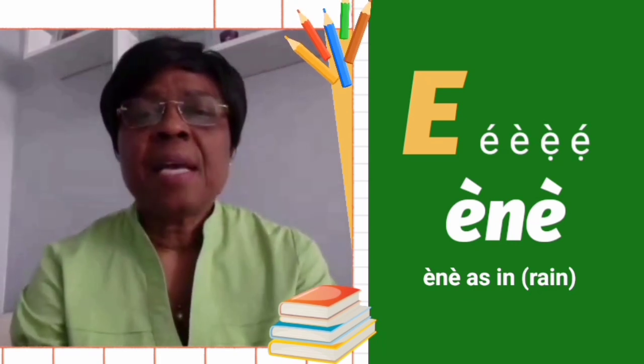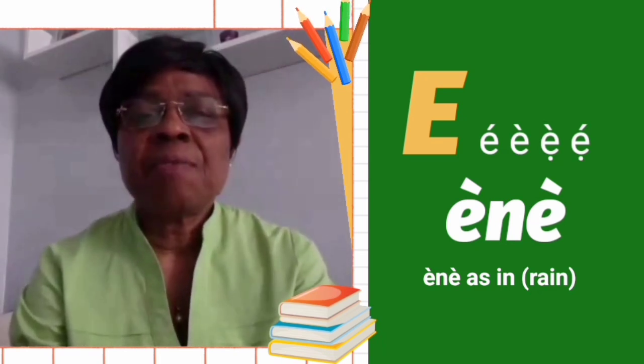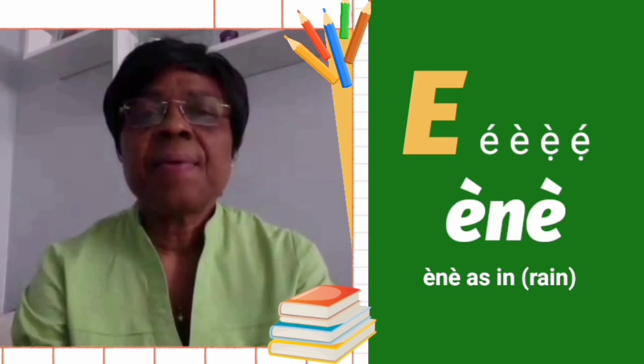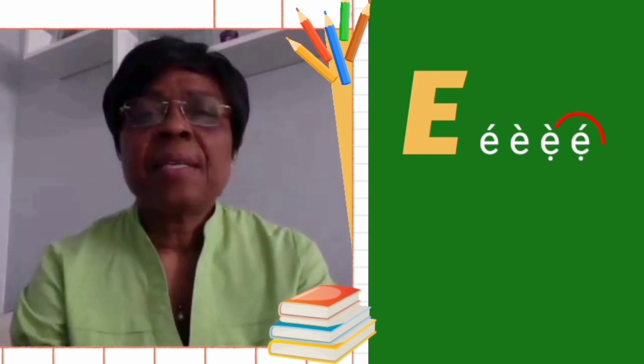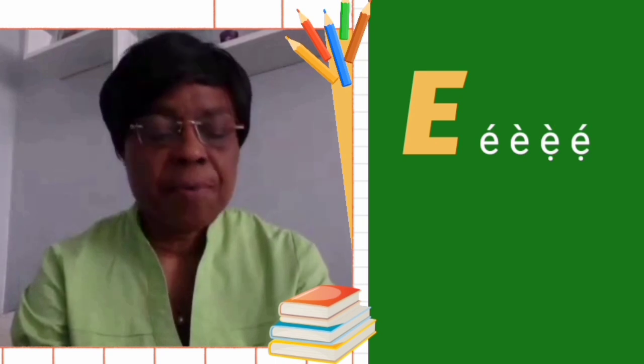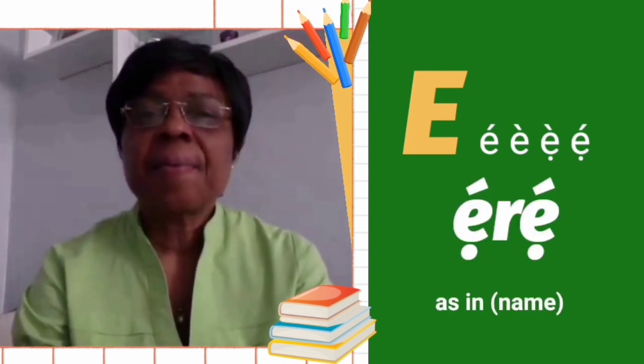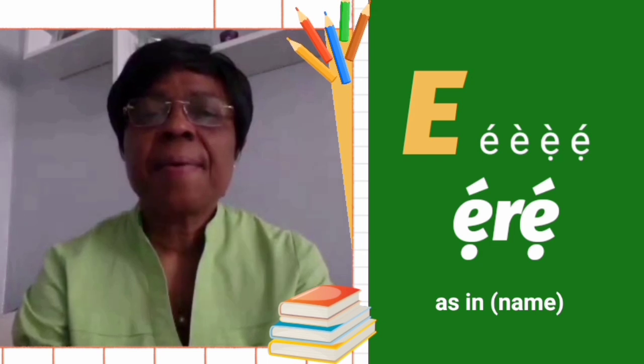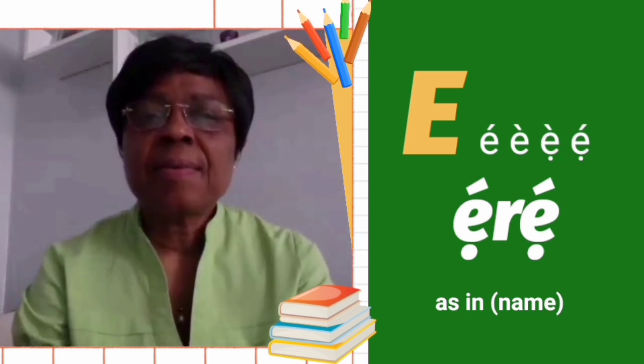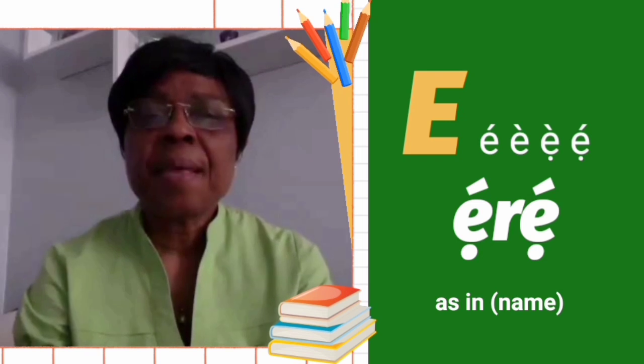E is the second sound for letter E. E has a dot under it, and a rising example of E is ere, and that has rising diacritics, ere, meaning name.